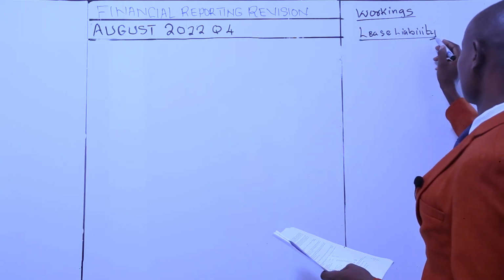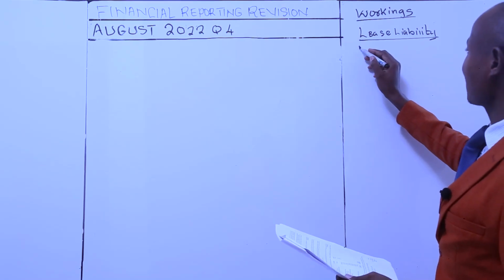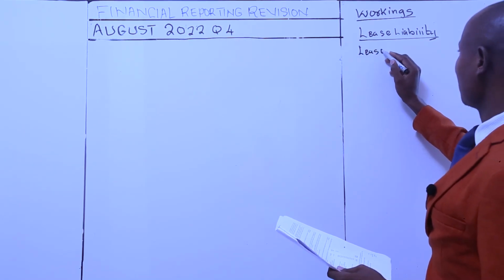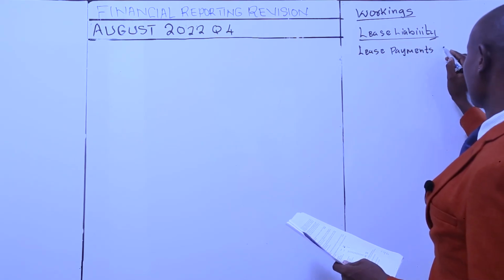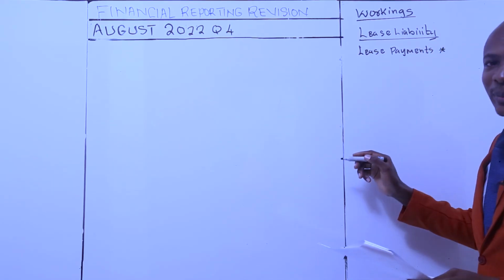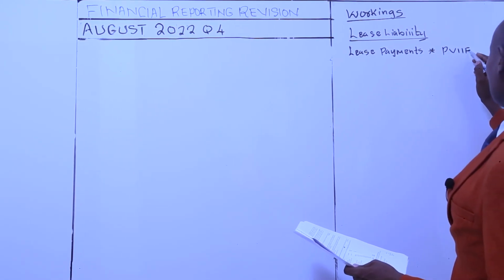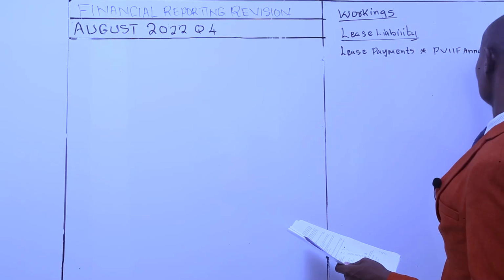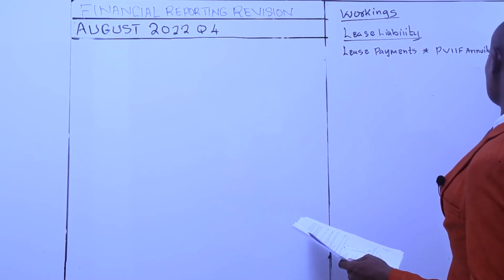Lease liability will be the annual lease payments times the present value interest factor of annuity at R% for N periods.